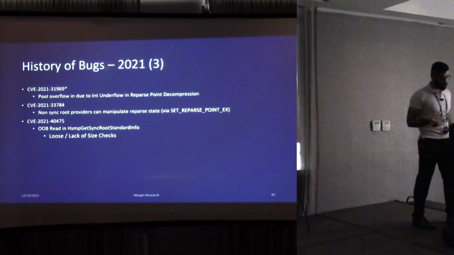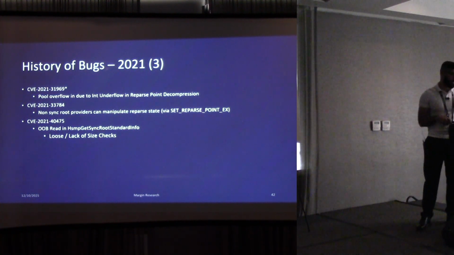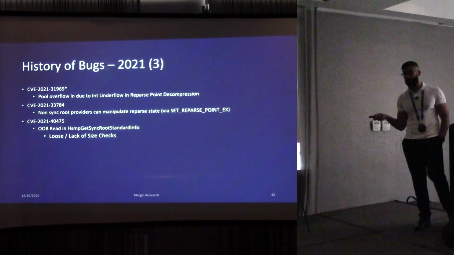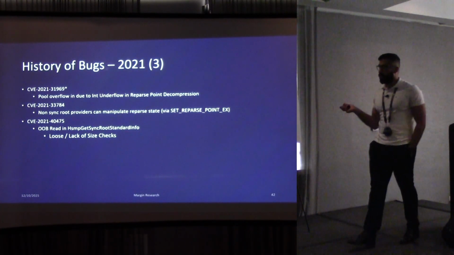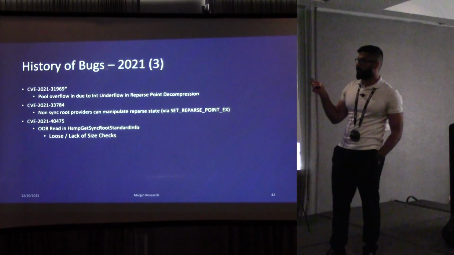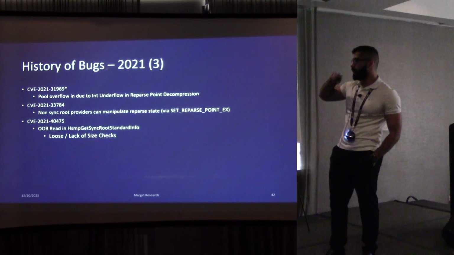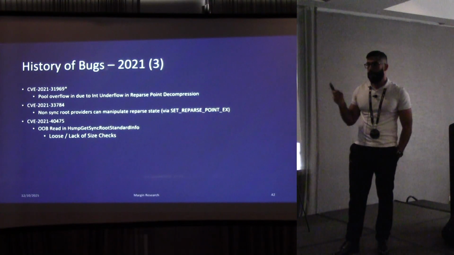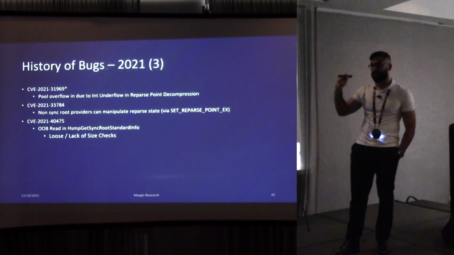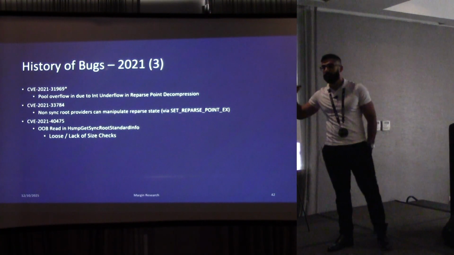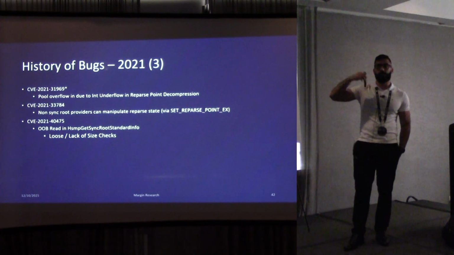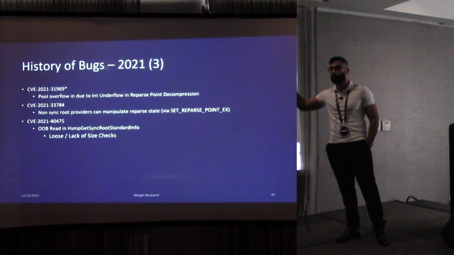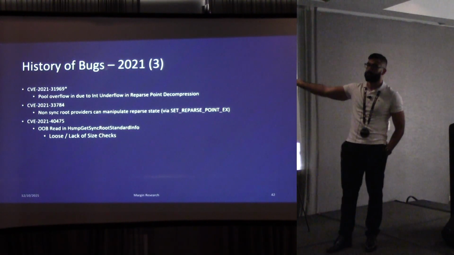In 2021, 3 additional bugs were discovered. We have a pool overflow with specifically reparse point decompression. The other one was interesting in the sense that the function was doing access checks on set reparse point, but there is another device IO control or FS control code called set reparse point EX.